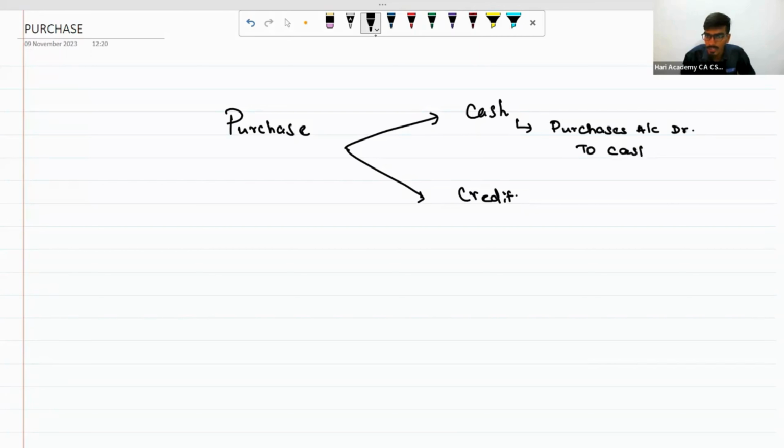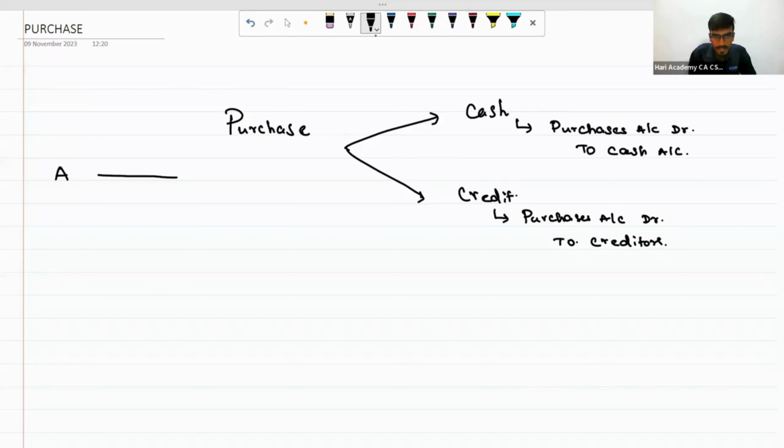As far as credit is concerned, we will write the same: purchases account debit to, here we will use the word creditors.